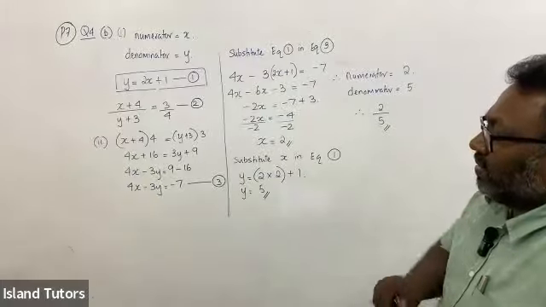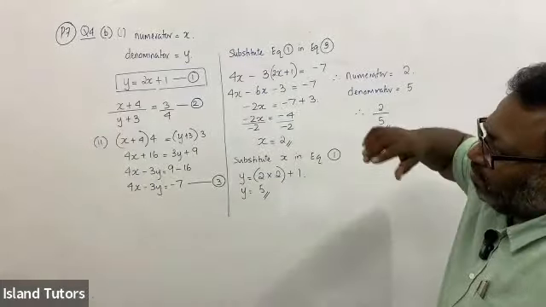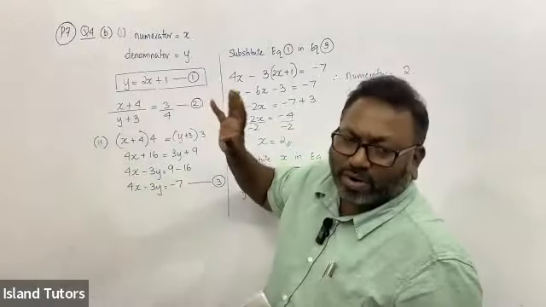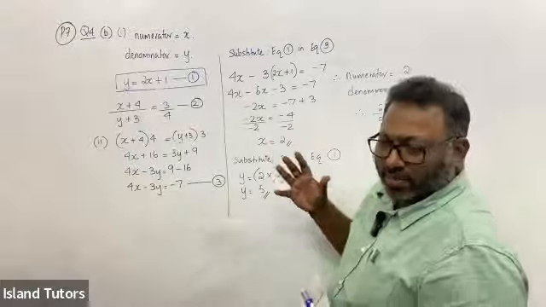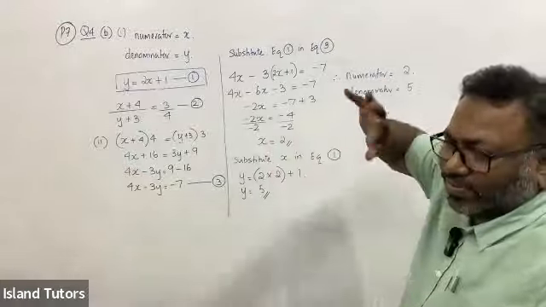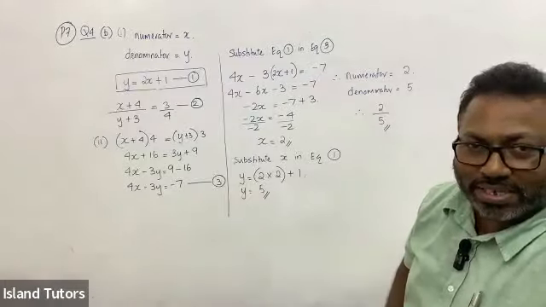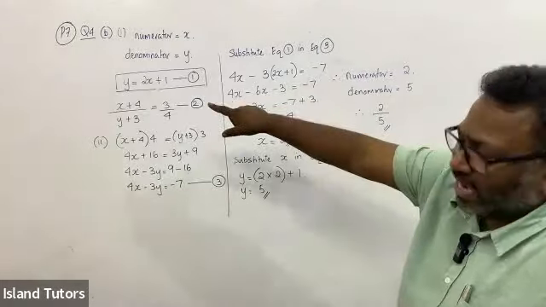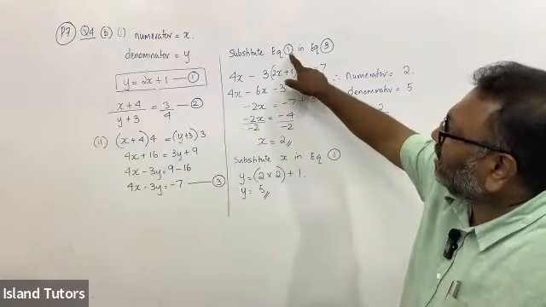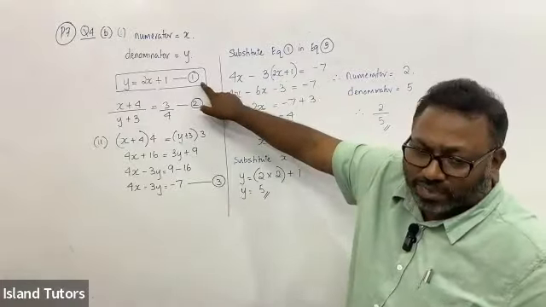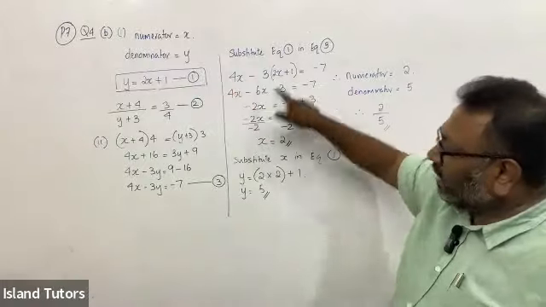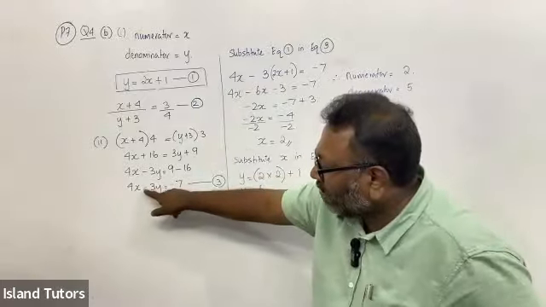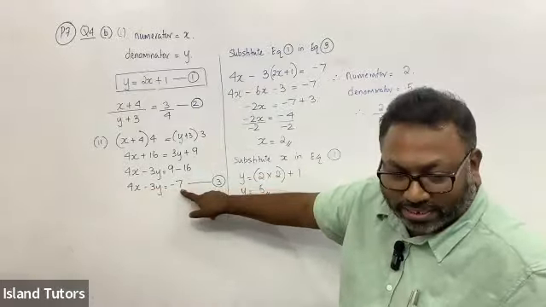Now we already know your first equation's y value. Y is equal to 2x plus 1. So we used the substitution method rather than the elimination method. We substituted the first equation into equation number 3, which is 4x minus 3y is equal to minus 7.